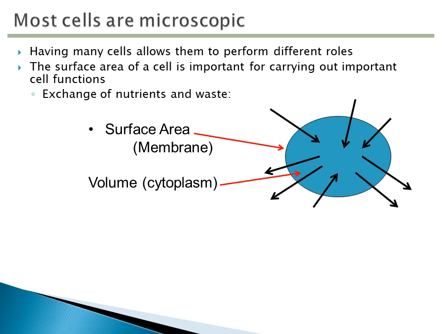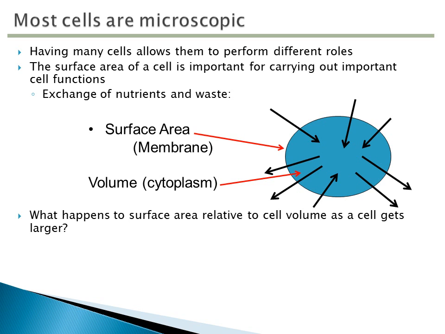Where we're going is we're going to look at why cells are important based on this surface area to volume ratio. So what happens to surface area relative to cell volume as it gets larger? Volume increases faster than the surface area.